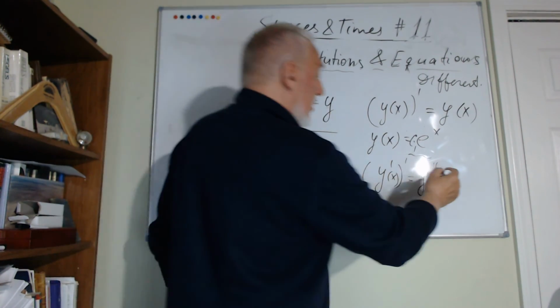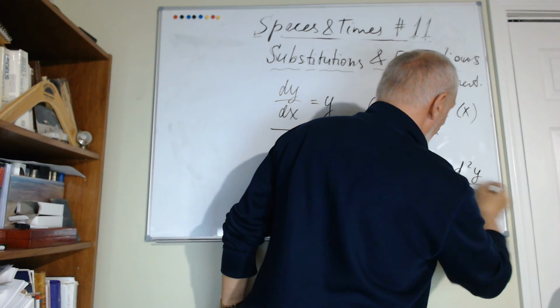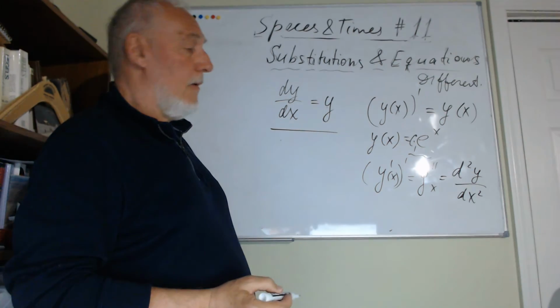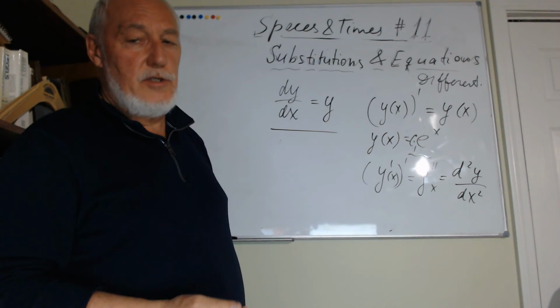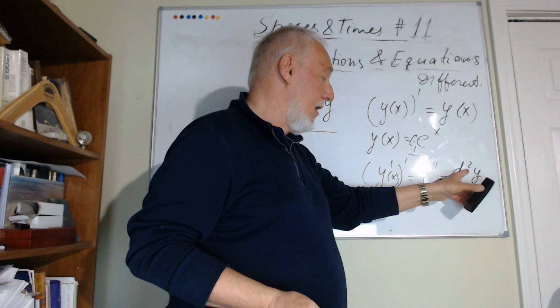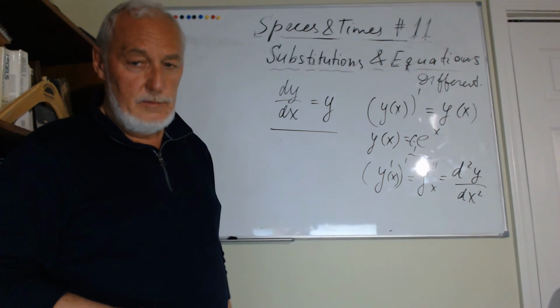The notation is also like this: d2y by dx squared. That's just the notation. Just remember this. The 2 comes at the top here, but at the bottom here. A little different.